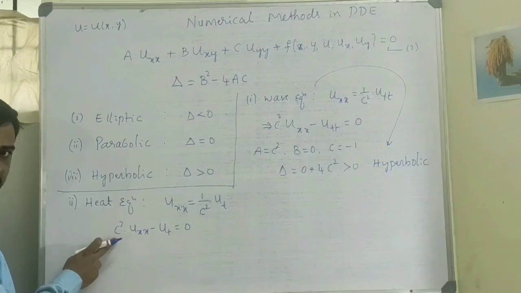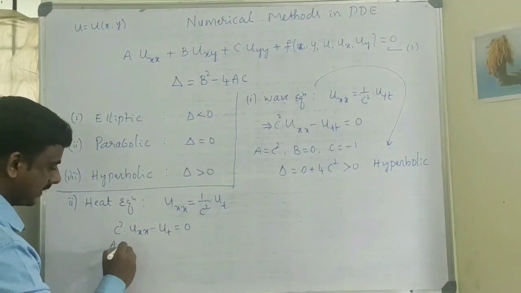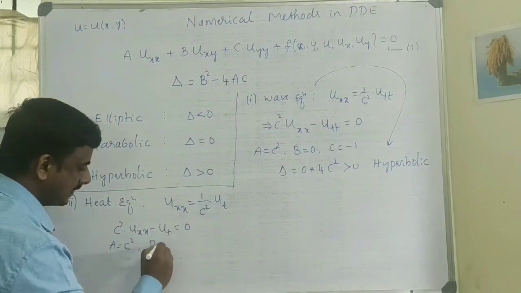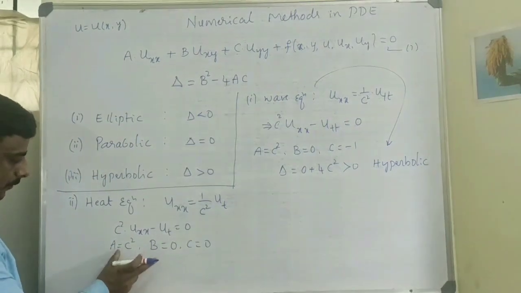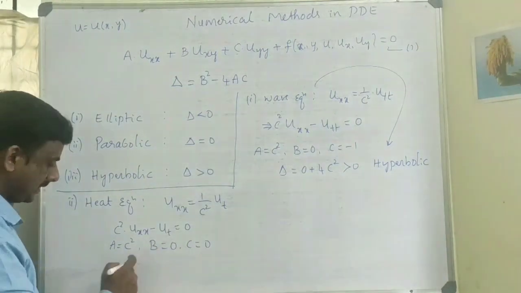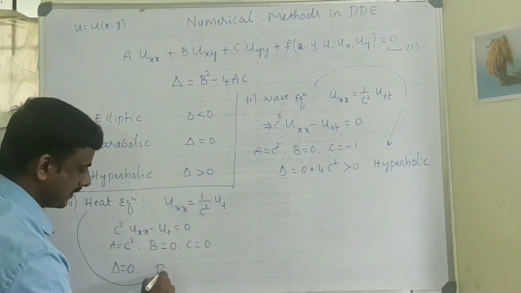So here a is c square, and b and c are both 0. So obviously b square minus 4ac is also 0. So delta is 0, and the heat equation is parabolic.